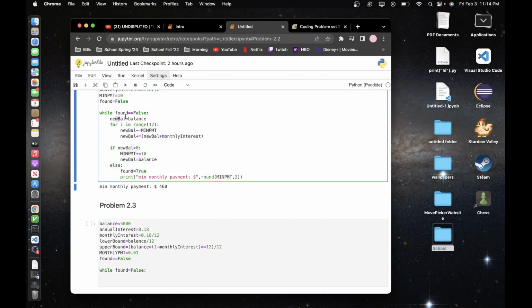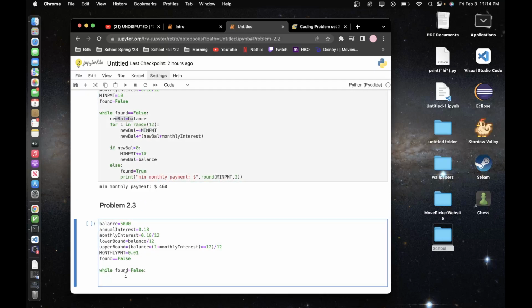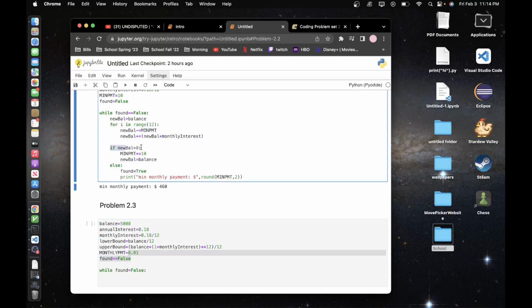And it's basically the same process, except now we have a lower bound and an upper bound to account for in our if-else statements, instead of just keeping track of multiples of 10.